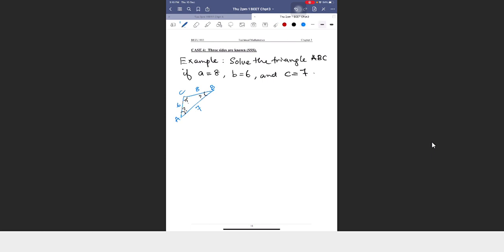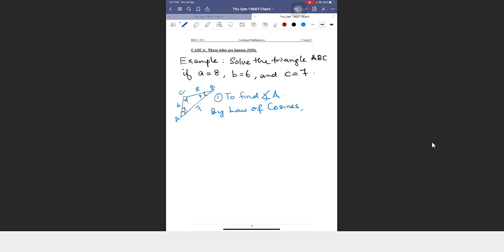So in this case, if my A is 8, which has the longest side, that means my first step is to find my angle A by using law of cosine. Definitely, it has to be law of cosine. I cannot use law of sine because I must have one known angle, then only I can use law of sine.